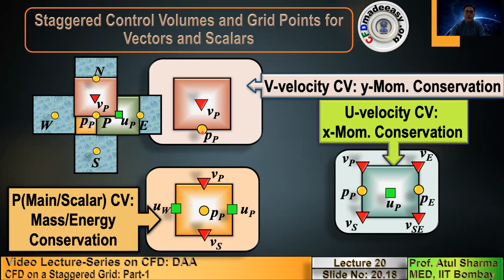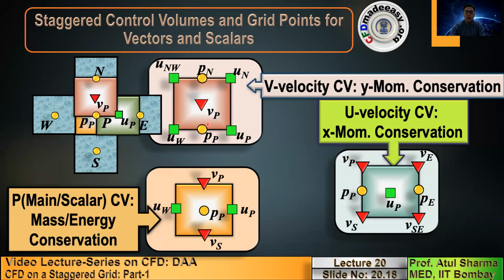And if this is PP, this will be U capital E. So this corner will be U capital P. This will be U capital W. And here, if this is P, this will be PN. This is on the north side. If this is PN, you will have UN here. And this will be UNW, because this is on the north surface, but on the west side.